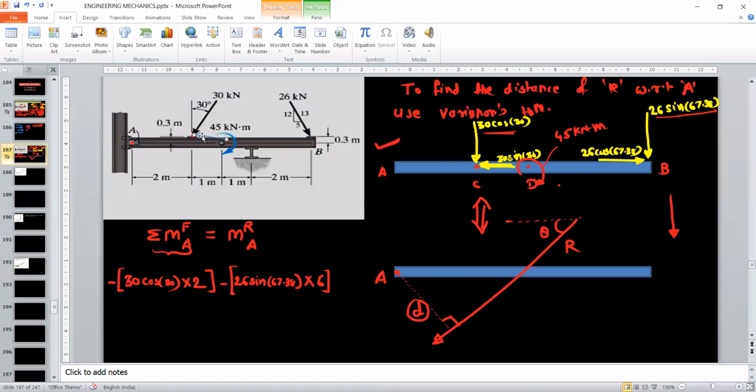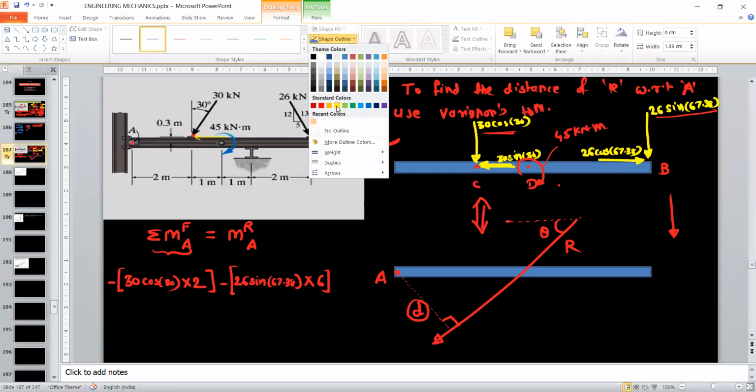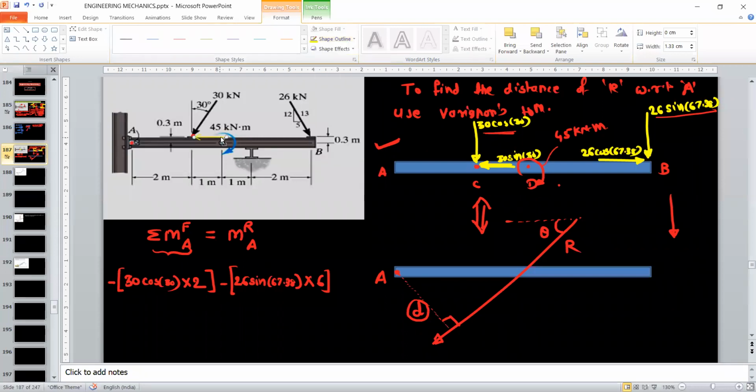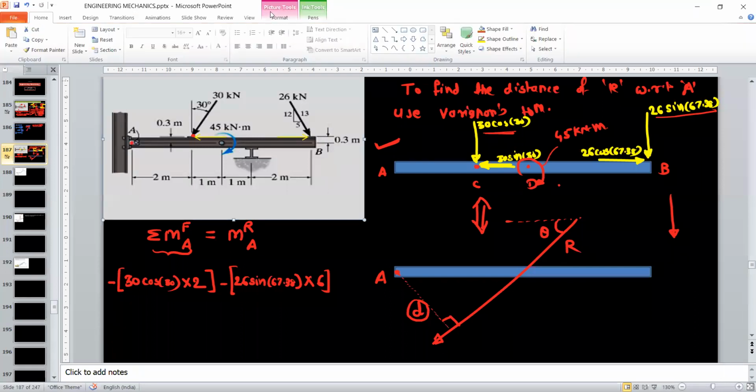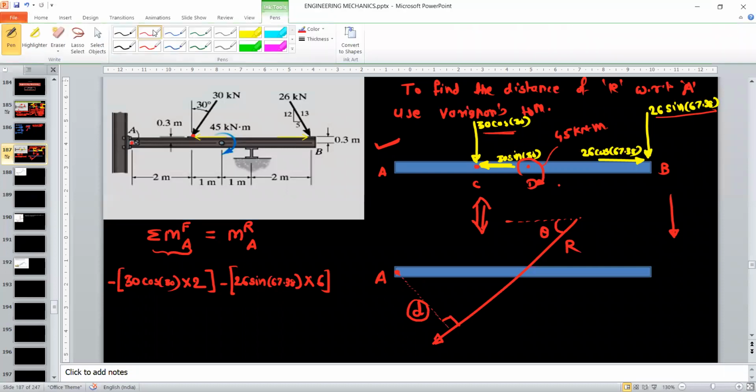So this is the first component, and you can see there is a distance of 0.3 meter with respect to this point, which is given here as 0.3 meter. For the first component, which is 30 sine 30, there is a distance of 0.3 meter with respect to point A.